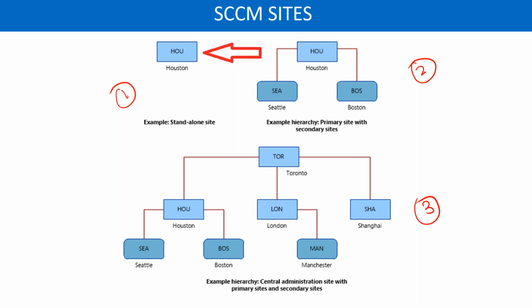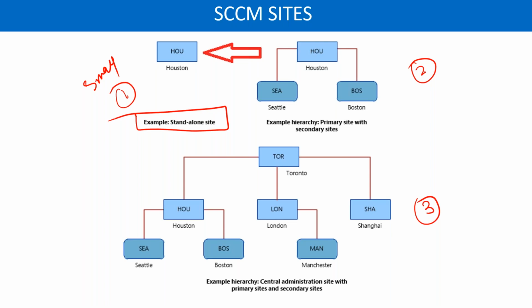So these are the architectural diagrams. For small size companies, you will have only one standalone primary site. That means you don't have a secondary site, you don't have a central administration site.